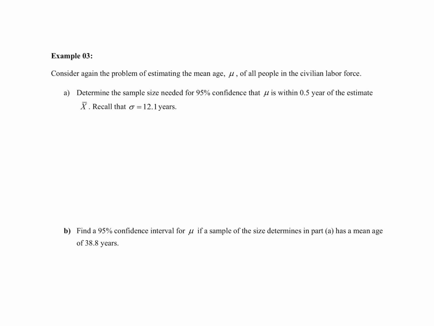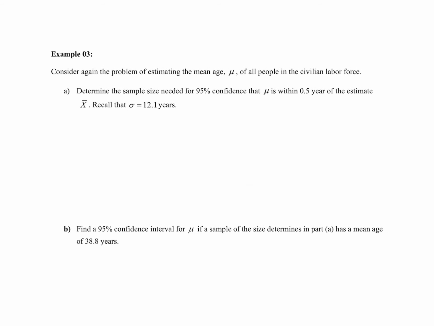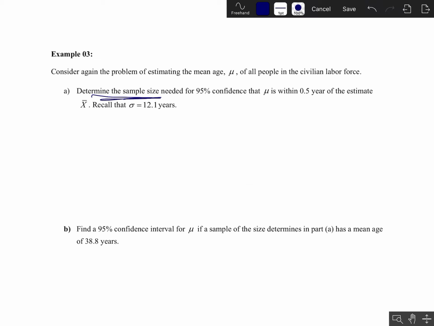Now, in example 3, so this is the last example that we'll do in this video. This is also the last example from section 7.1. So in example 3, we're doing something similar, only in this case, what we're trying to do is determine the sample size that you would need in order to achieve a specific confidence within a specific error.